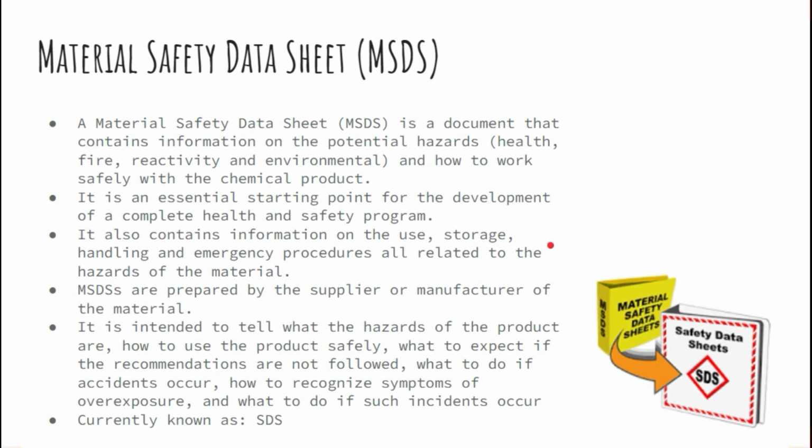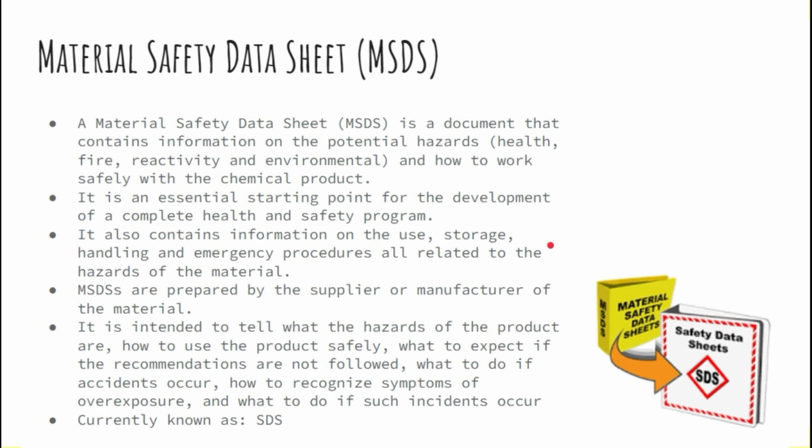MSDS are prepared by the supplier or the manufacturer of the material. Commonly class, pag bibili po tayo ng mga chemicals, yung supplier na po or manufacturer ang magbibigay ng documents na ito. It is intended to tell what hazards of the products are, how to use the product safely, what to expect if the recommendations are not followed, what to do if accidents occur.